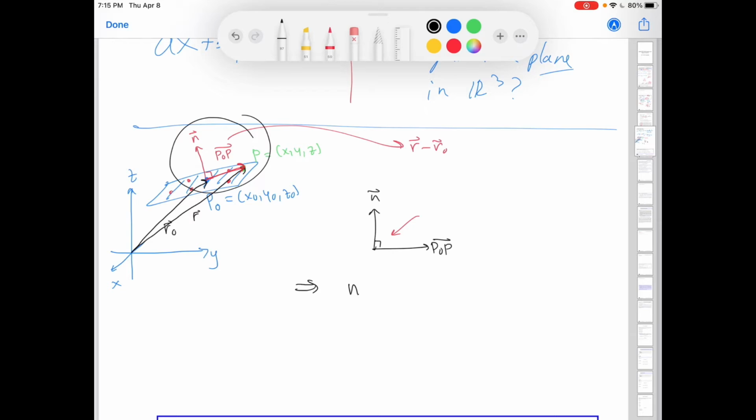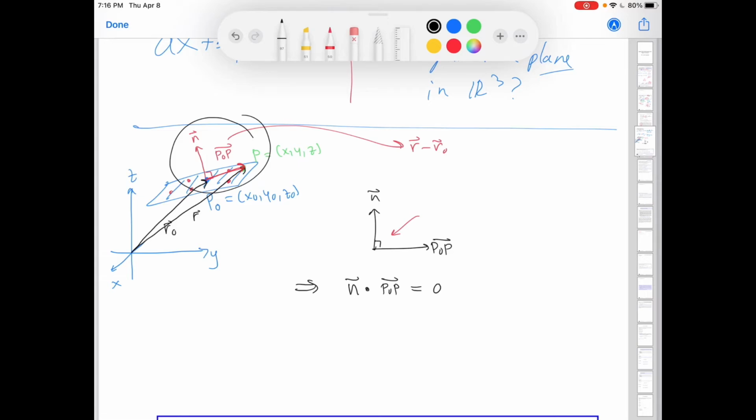Normal vectors don't have to be unit vectors. It makes life a little bit simpler, but it doesn't matter. So back to perpendicularity, the normal vector n dotted with the vector P0P, because they're orthogonal, must be 0. Remember we talked in lesson 2 about two non-zero vectors being orthogonal if and only if their dot product is 0. Okay, so far so good.